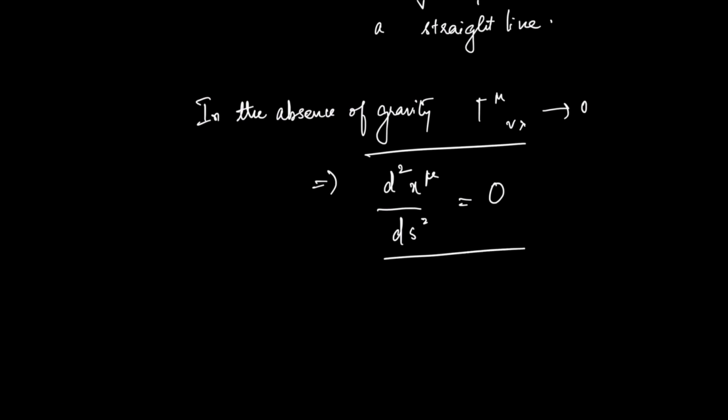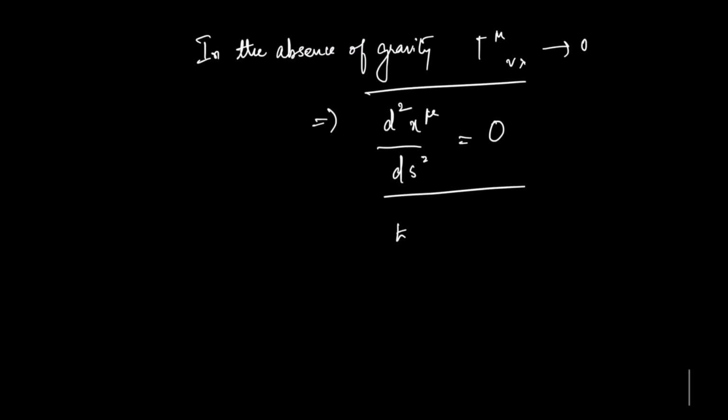So this is the equation for a straight line. So in the absence of gravity, the trajectory will be a straight line. So it says that in the presence of gravity, it is not a straight line. It will deviate from the straight nature.